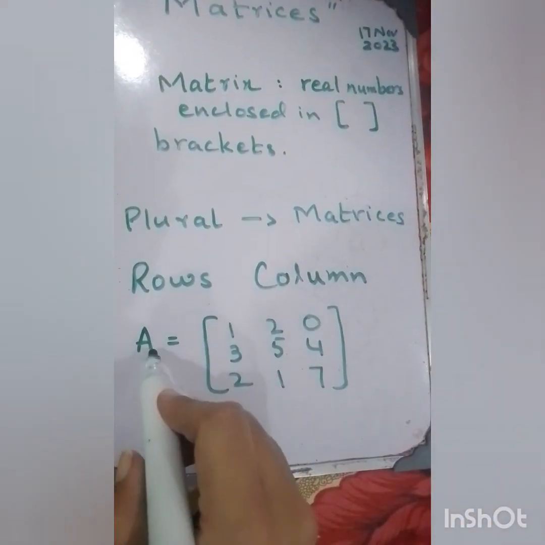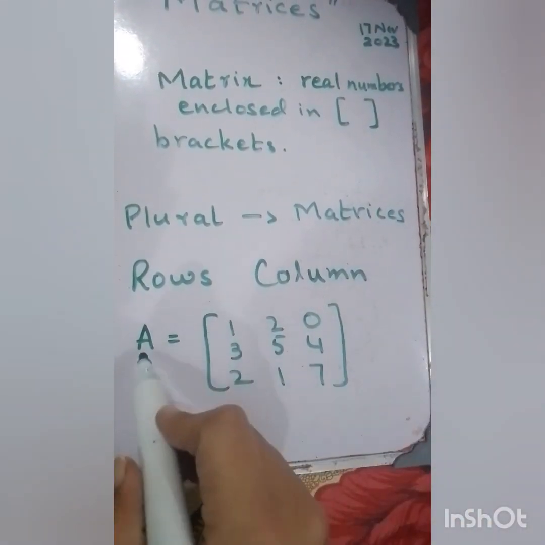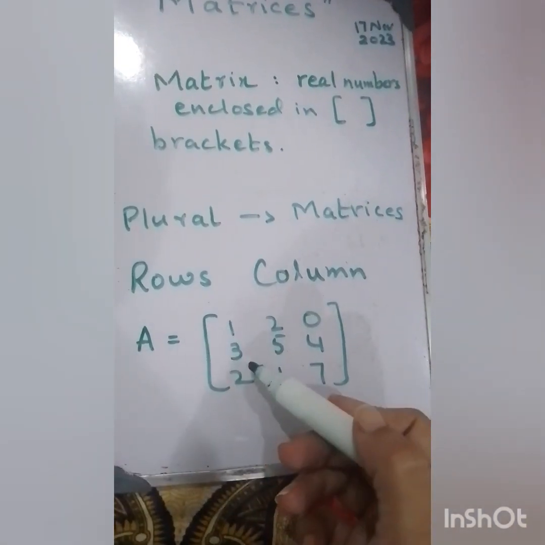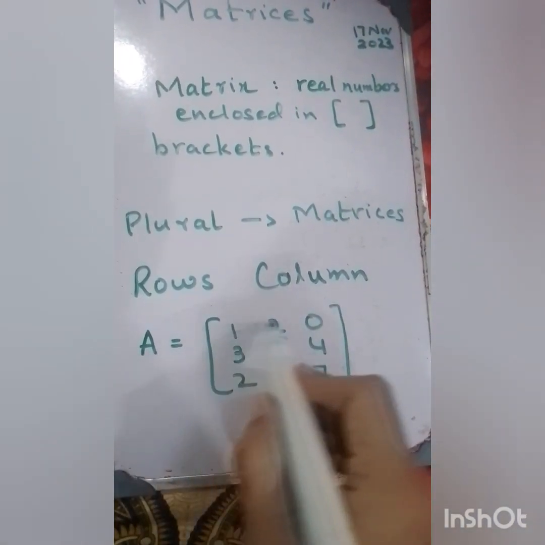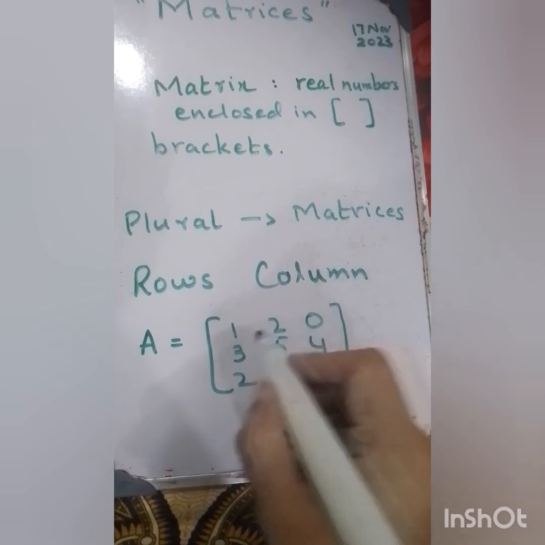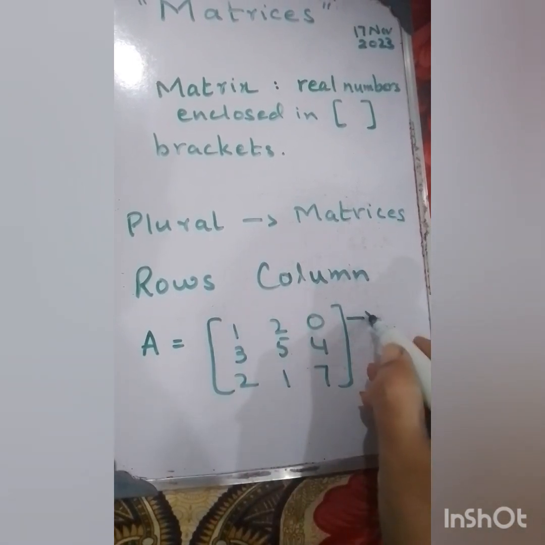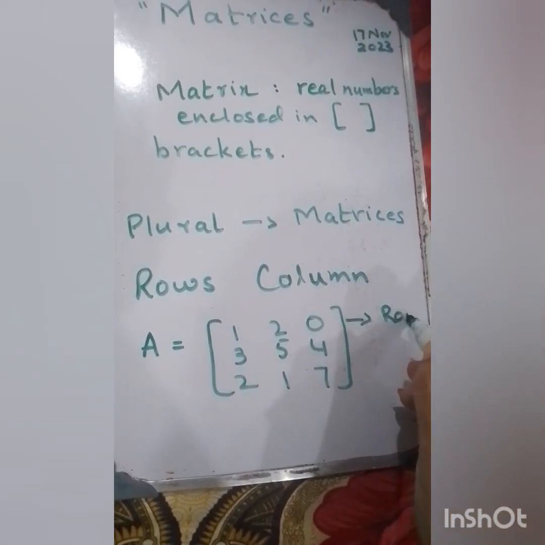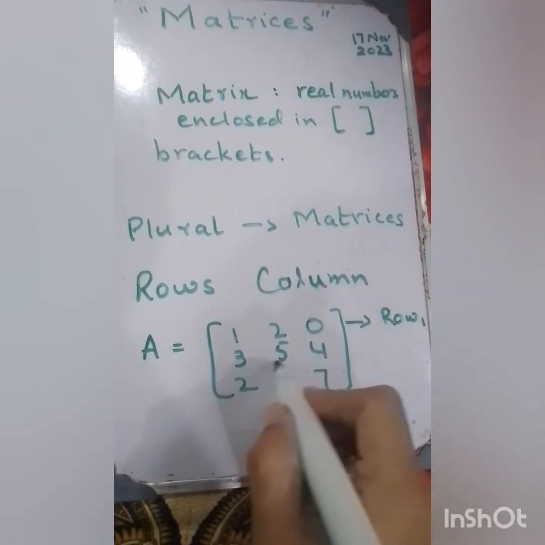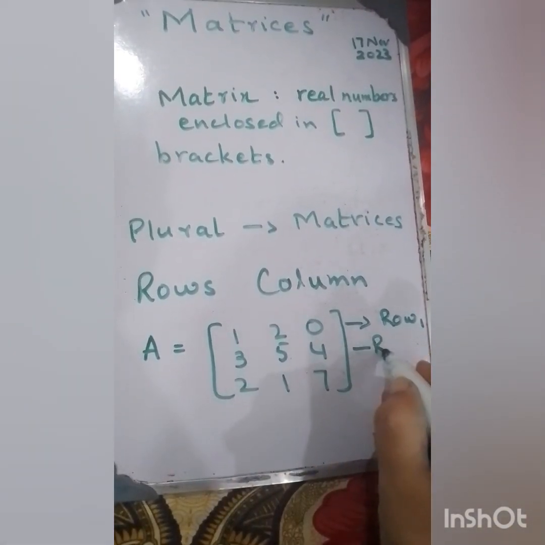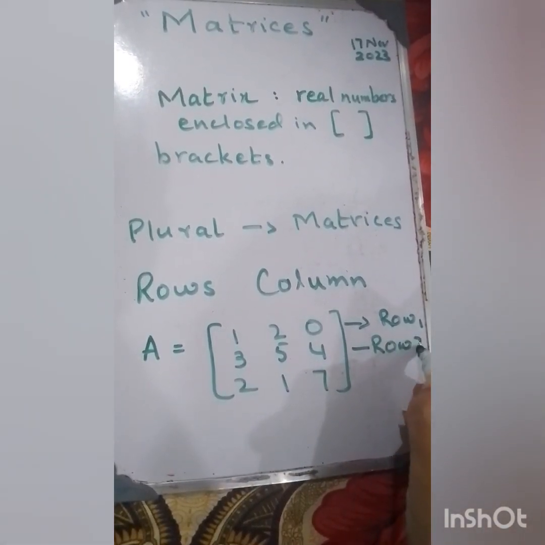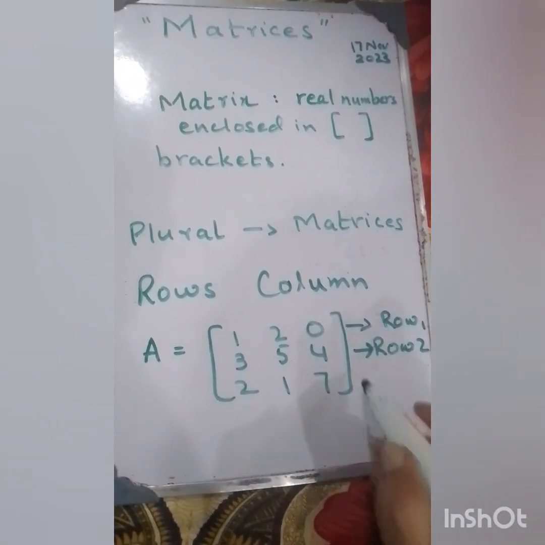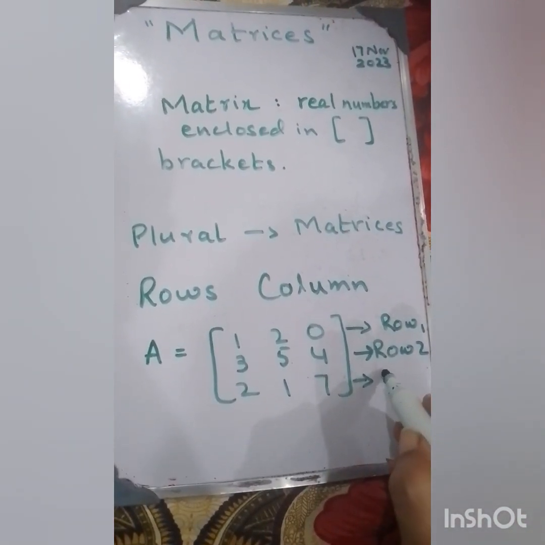So now we can call this A. A is a matrix over here. The horizontal lines, 1 2 0, will be known as our row 1. 3 5 4 will be our row 2. Then we have row 3, which is 2 1 7.